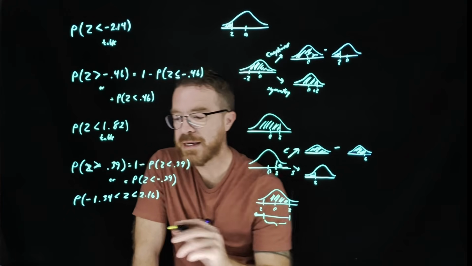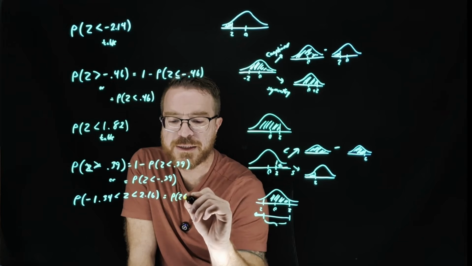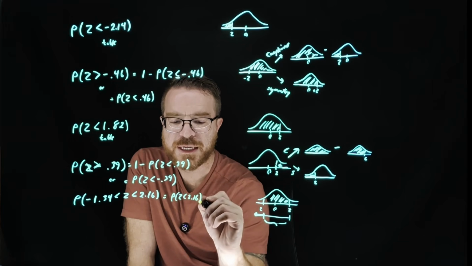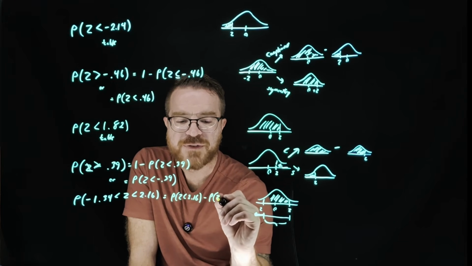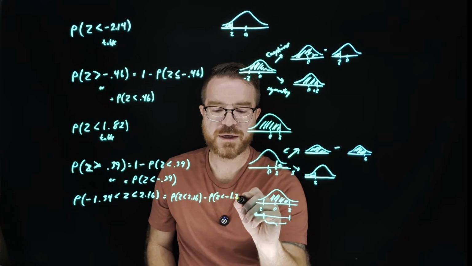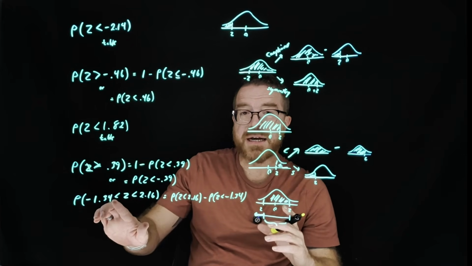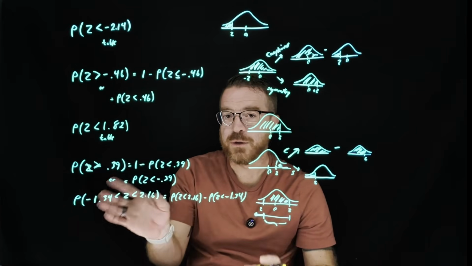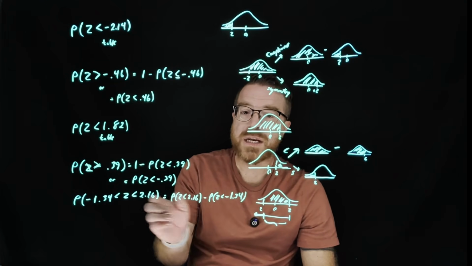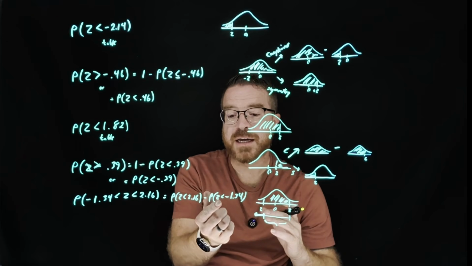So in order to do that, this is going to become the probability of z less than 2.16 minus the probability of z less than the smaller value, negative 1.34. Now remember, I know it's that z is greater than negative 1.34 in the original probability, but when you split this, doing the difference between them, you have to change the sign to less than.